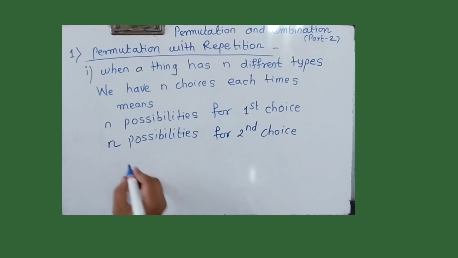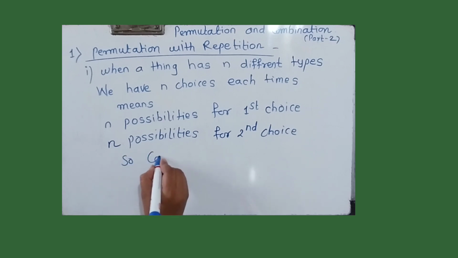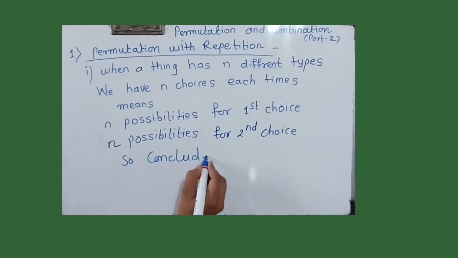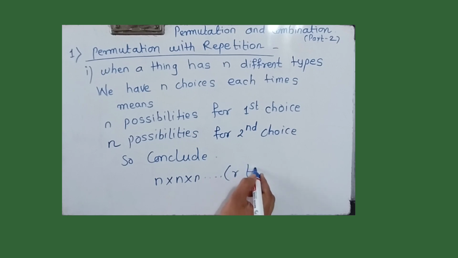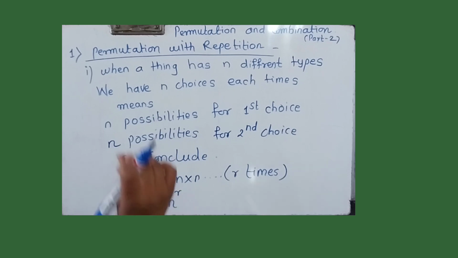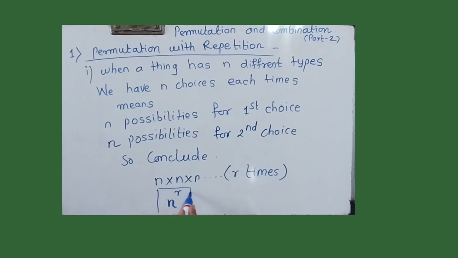So we conclude: n into n into n up to r times. So I write n raised to r. The formula for permutation with repetition is n raised to r. Remember this formula when repetition is allowed.